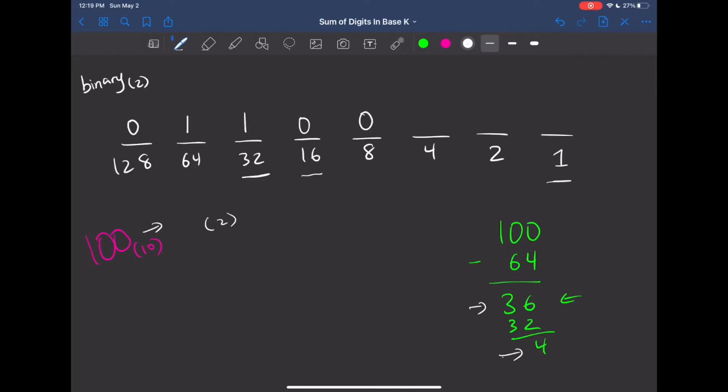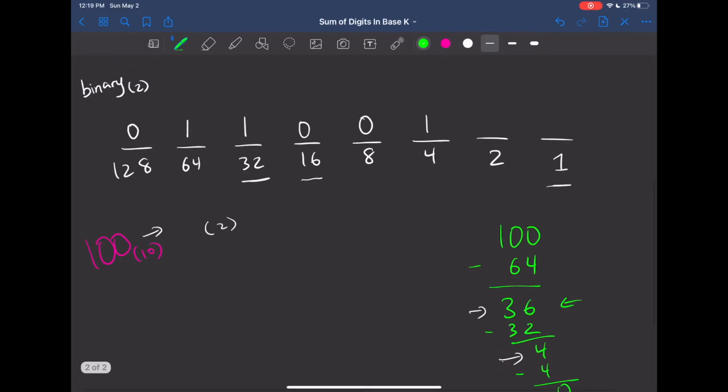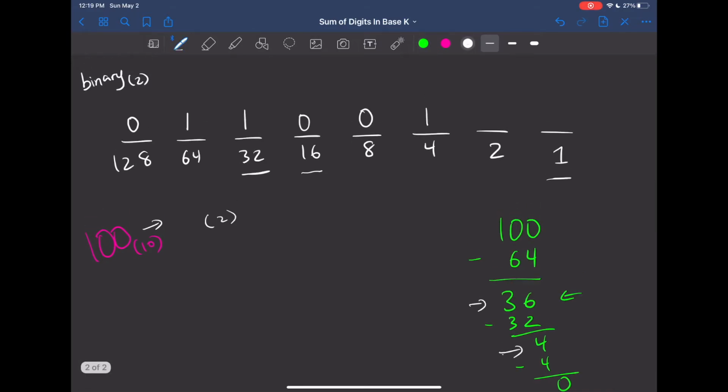Now we're at the 4 place, right? If I were to put a 1 here, then that would take care of our entire binary representation, because once we subtract 4 from this number, we get 0. And now we're done representing this number as a binary number. We can put zeros for all the placeholders left.